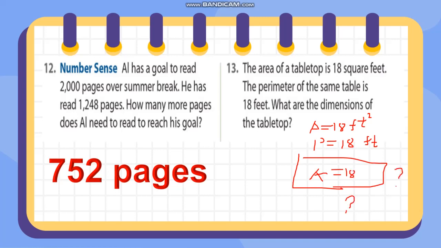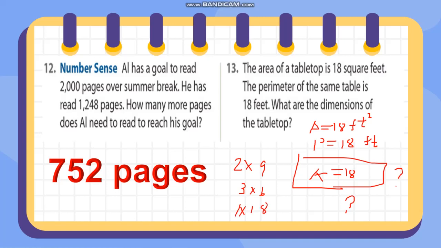So what are we going to do? We need to find the possible answers. Give two whole numbers that when you multiply, the answer is 18. So it should be 2 multiplied by 9, 3 multiplied by 6, and 1 multiplied by 18. So those are the possibilities.